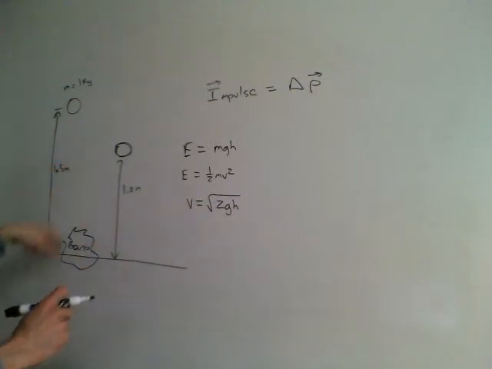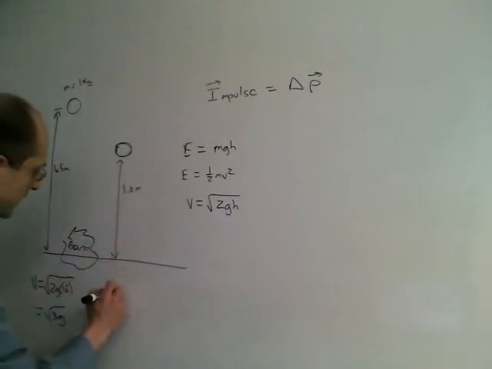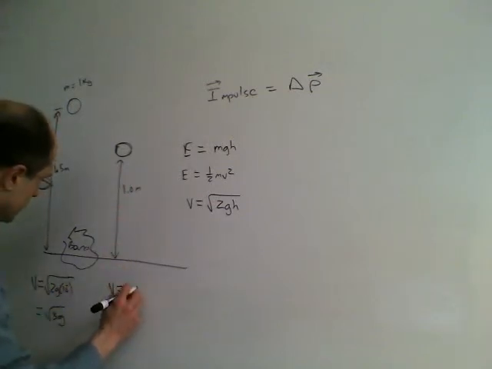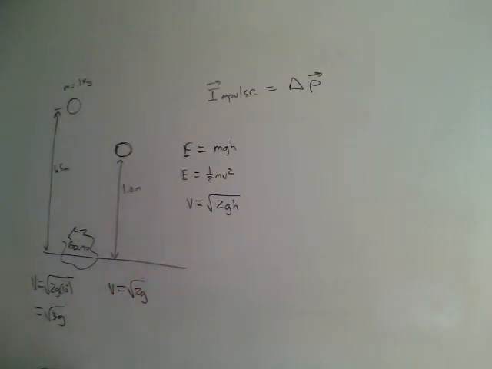So we can calculate the velocity right before. The velocity right before is the square root of 2g times 1.5, which is the square root of 3g. And the velocity after, when it's bouncing back up, is just going to be the square root of 2g.